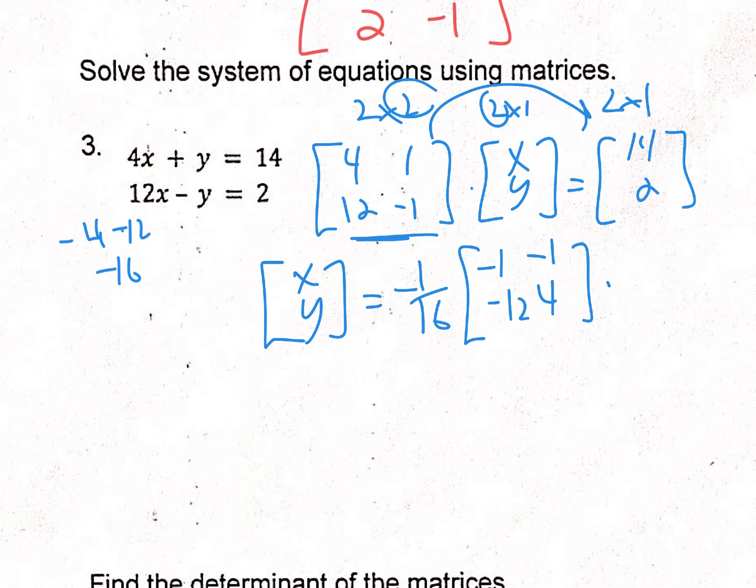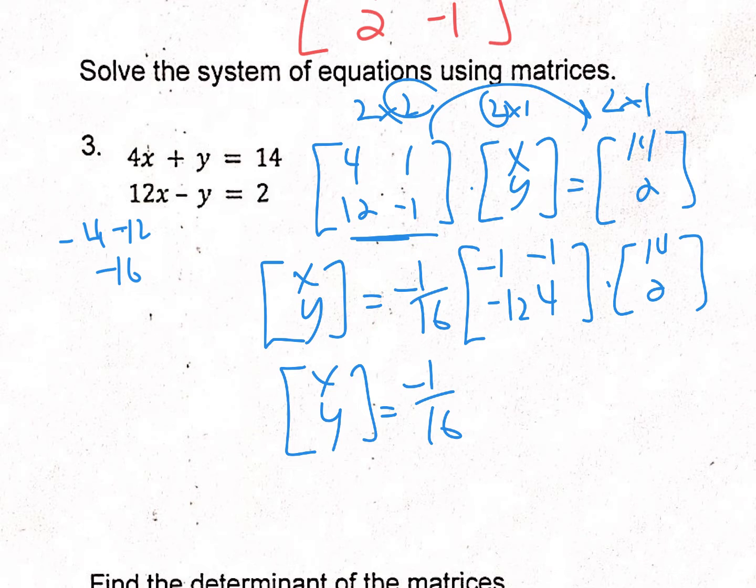I'm going to multiply that by what's already over here, that 14, 2. Before I do the multiplication, that -1/16, I will leave that out there to the very end. And as you multiply matrices, remember you go across, down. So I'm going to go across that row, down, then across that row, and down. And let's see what happens. If I do -1 times 14, you get that. -1 times 2 is -2.